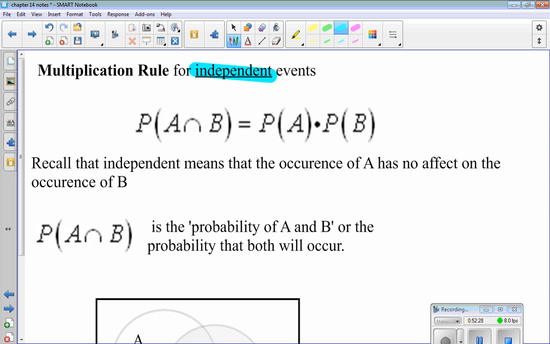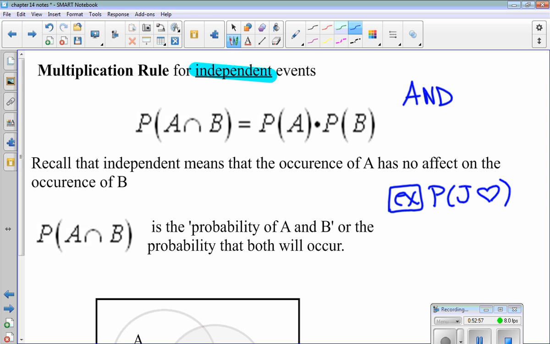What's the key word that will tell you to multiply? And. If I draw a red card and a black card, what's the probability of that happening? With the word and. A common example would be, if we're talking about cards, what's the probability of drawing a jack and a heart?